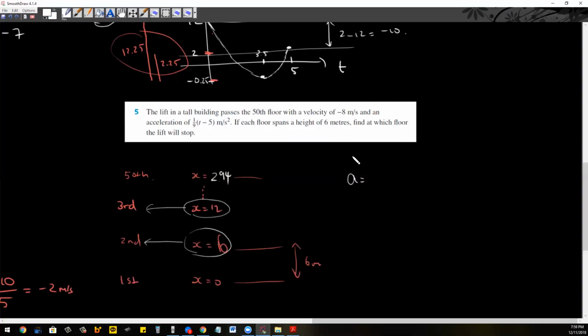Acceleration is 1 on 9 t minus 5, right? Yeah. Initially it was accelerating backward, because when t is 0, you get negative 5 on 9. With velocity forward and acceleration forward, it's going to get faster.